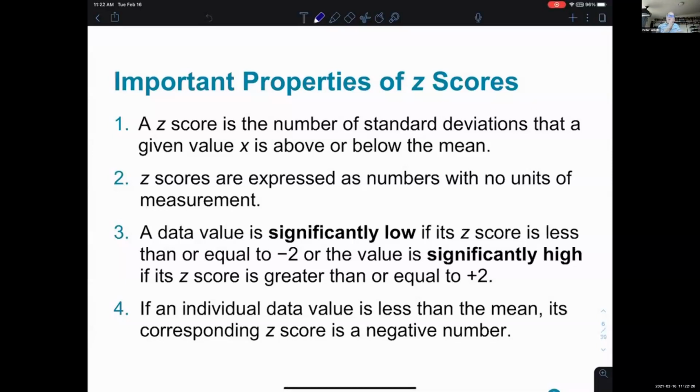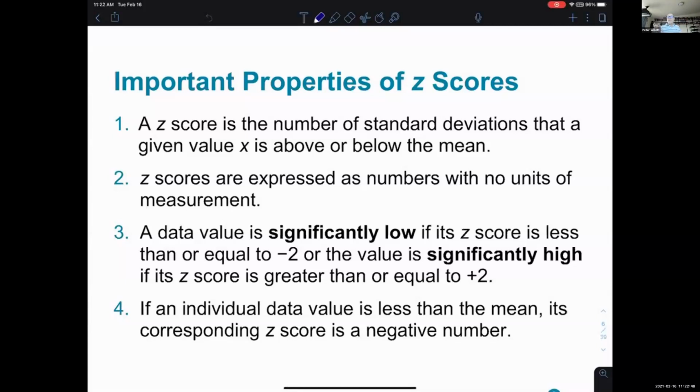The idea of being 2 standard deviations above the mean when I got to 6'2" means that height of 6'2", because it is 2 standard deviations above the mean, has a z-score of 2. So again, what it says here is the z-score is the number of standard deviations that a given value is above or below the mean.